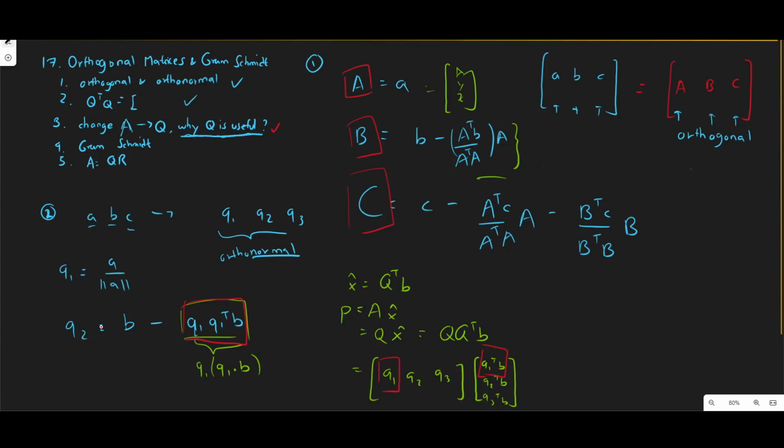So q2 is the vector b minus the component of b projected on q1, and in the same manner we can do it also for q3, which is just c minus q1 transpose c times q1, minus q2 transpose c times q2.